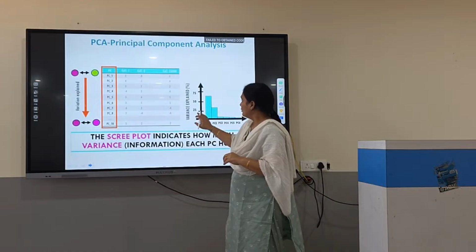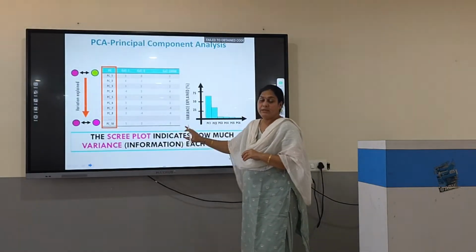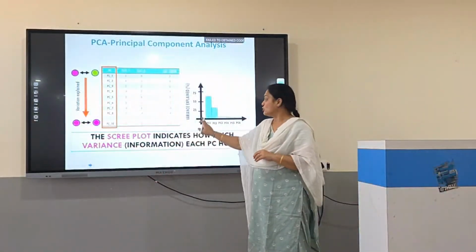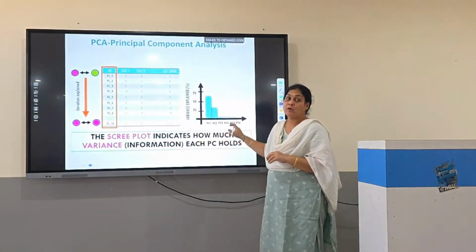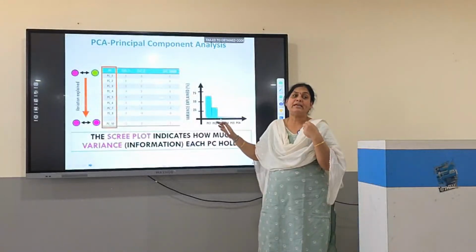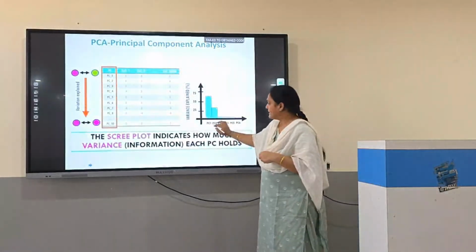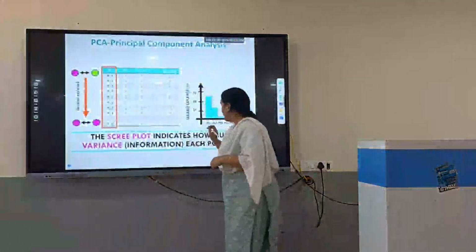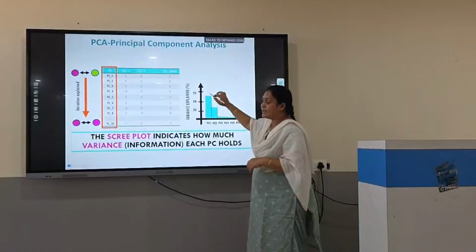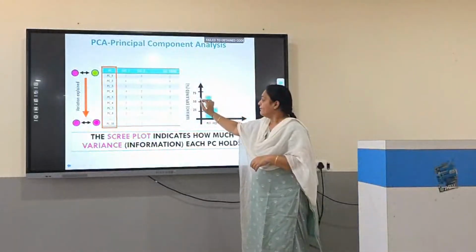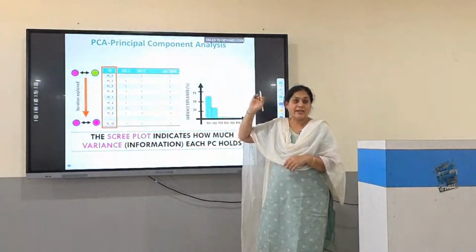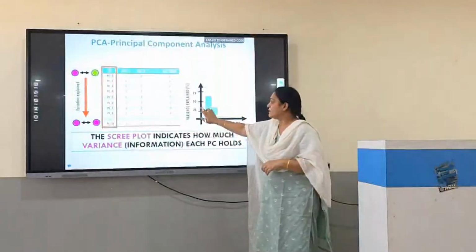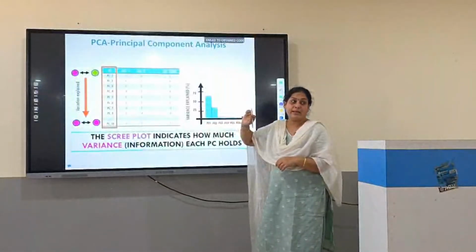So here you see this is something called a scree plot. This scree plot will show you the plotting of the various principal components: how much variance is captured by each PC. Your PC1 captures the maximum variance, around 73% of the variance in your actual data set. PC2 is capturing around 25% or 28%.